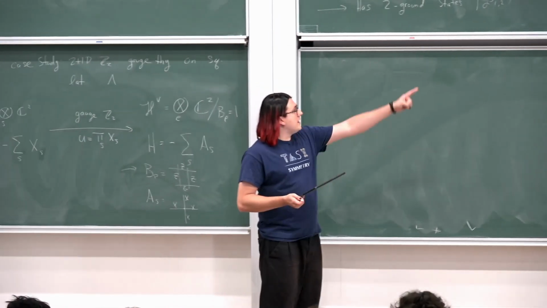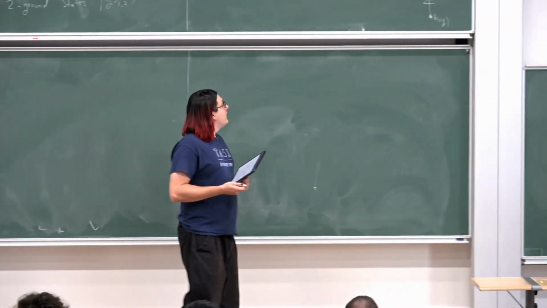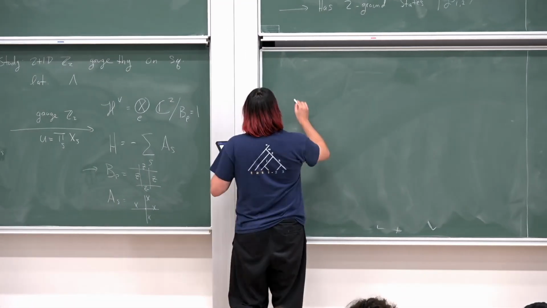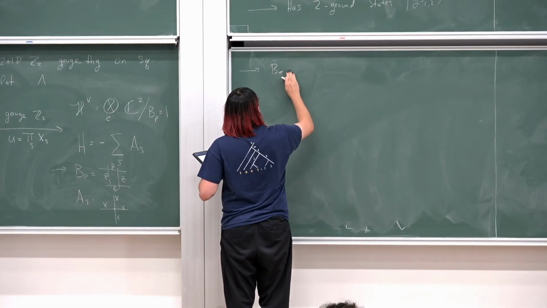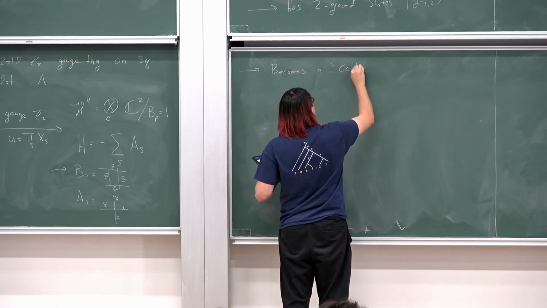Okay, so this defect has a name. In the exact model we have right now with this exact Hilbert space, I don't know what to call it. But if you go into the low energy space, this defect becomes what people call a condensation defect.